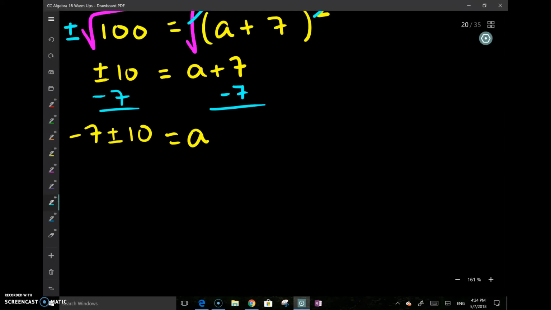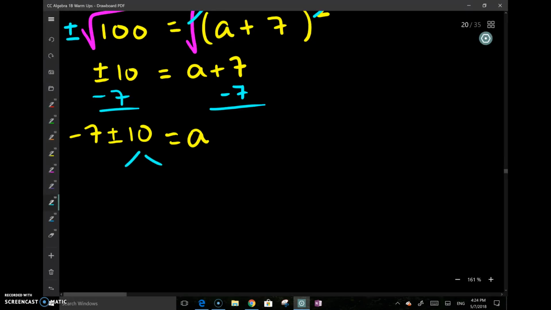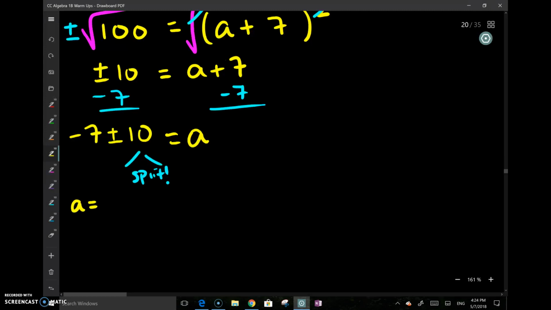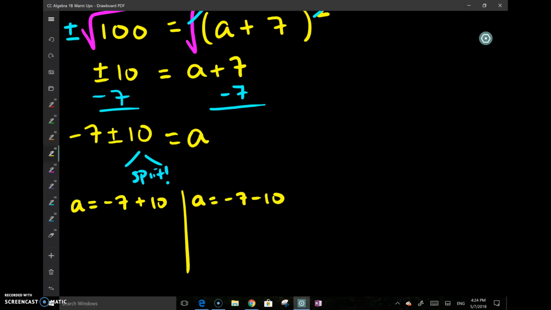So at this point, this gets split. One side will say that a is negative 7 plus 10, and the other side will say that a is negative 7 minus 10. And you have just one-step equations here. You literally just combine the terms and you're done.